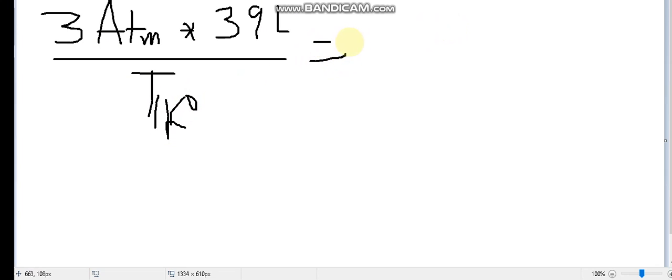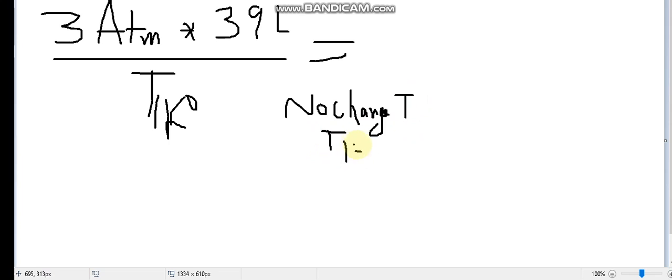One of the tricks in the exam is that it mentions the same temperature or no change in temperature. That means T1 is equal to T2, regardless of the units, Kelvin or centigrade.